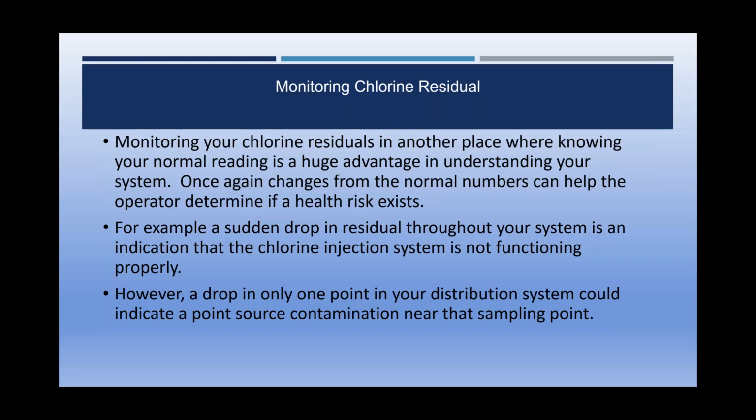So you do a calculation, but it's basically an estimate because you really don't know what's in your distribution system that might consume some of the chlorine. So you make your best guess, you set it up, you start running the system, and then you start testing for residuals, because that's the real important factor. At the end of your line, are you getting the 0.2 milligrams per liter of chlorine in that water that you need to ensure that the water is safe to drink?